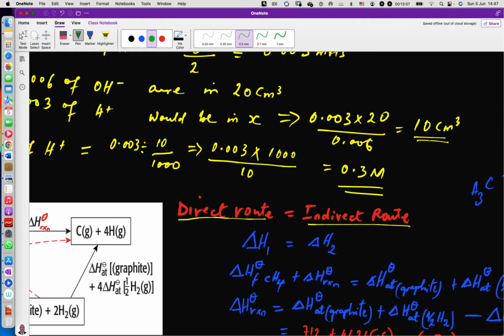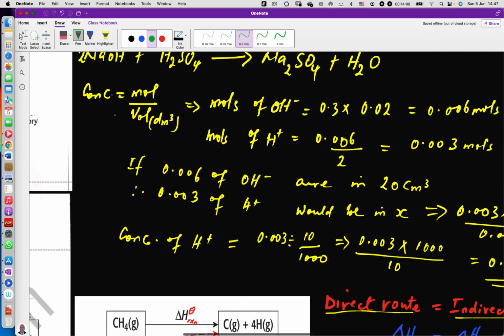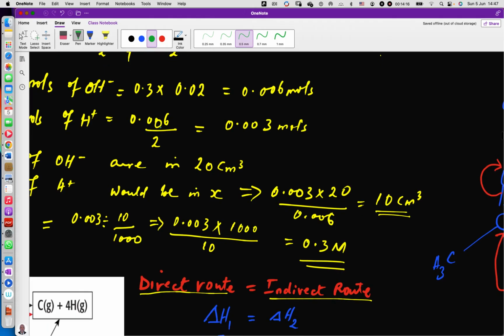That is not the concentration. We have got the volume. To have the concentration of the acid, remember there is a formula again: moles divided by volume in dm cube. We have the moles of the acid to be 0.003 and the volume of the acid to be 10 cm cube.